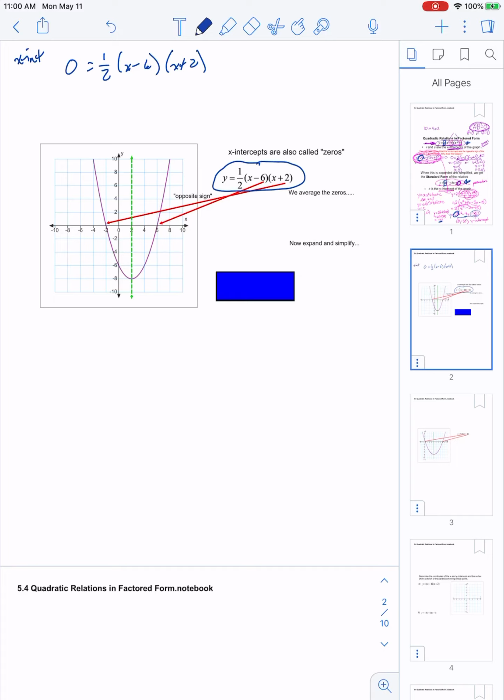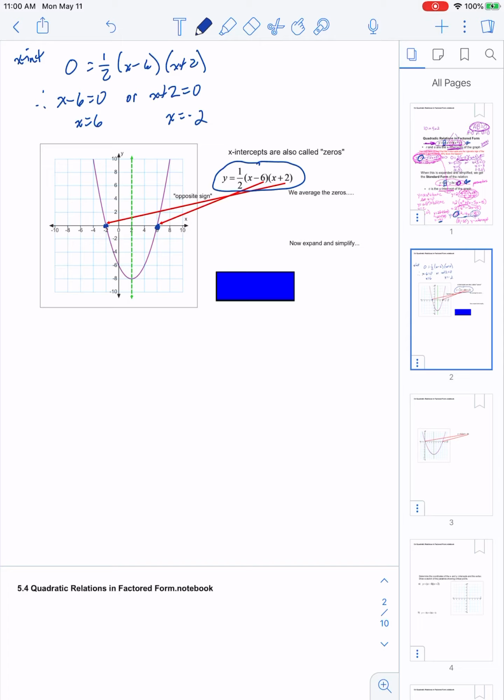You let y equal 0. So then that means that x minus 6 has to equal 0 or x plus 2 has to equal 0. So x has to equal 6 or x has to equal -2. So we've got one x-intercept here at -2 and the other x-intercept here at 6.